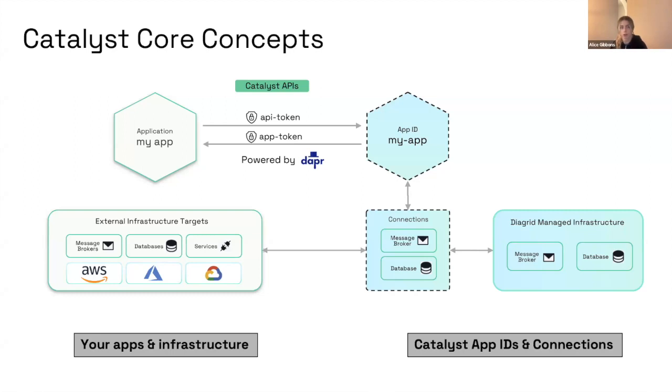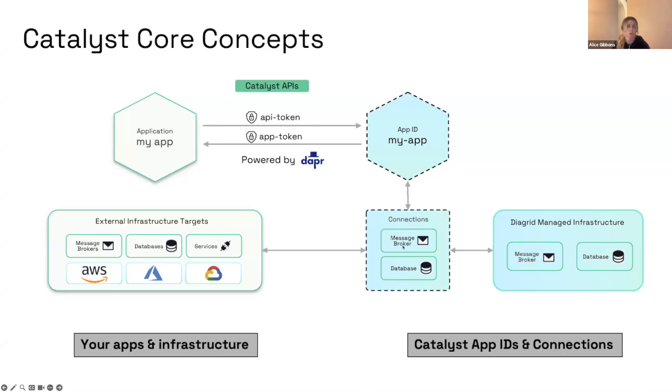The other concept I want to talk about briefly is the idea of connections. You have your service twin, and that's living in Catalyst. Now, the other thing you want to do is create a connection to infrastructure. There are many different infrastructure targets that you might want to connect to, message brokers and databases, which we are also providing managed versions of.